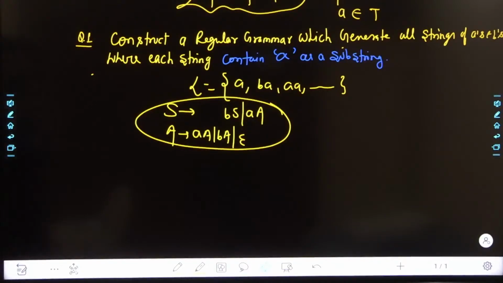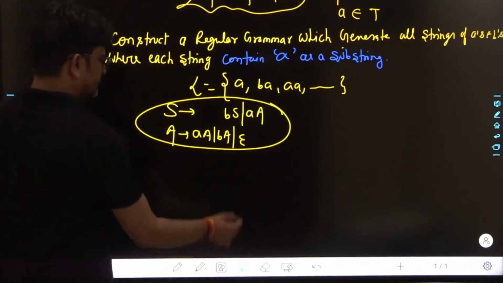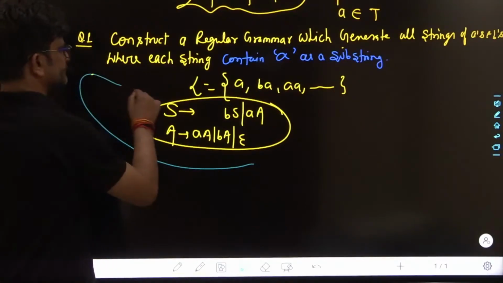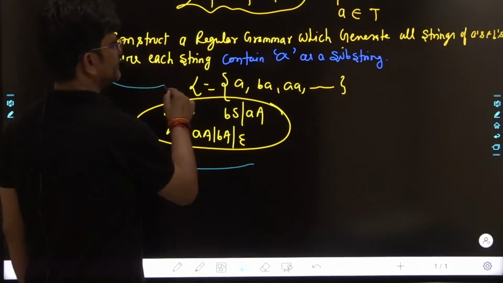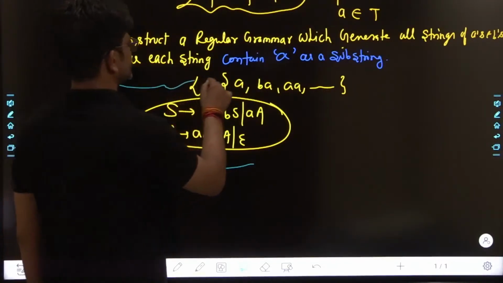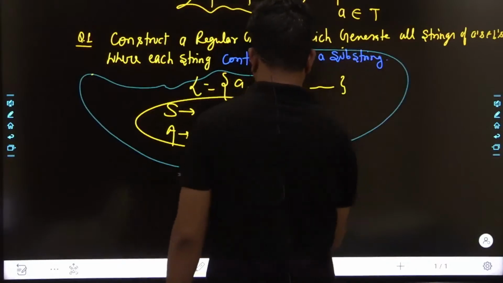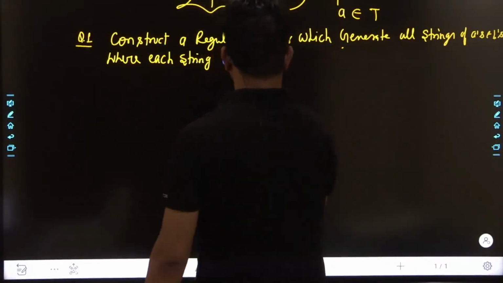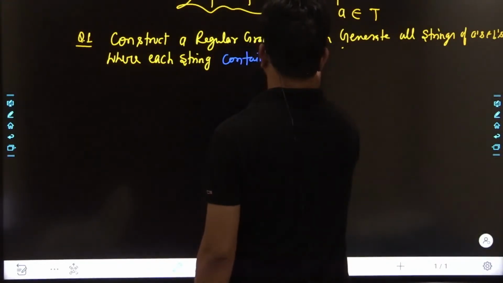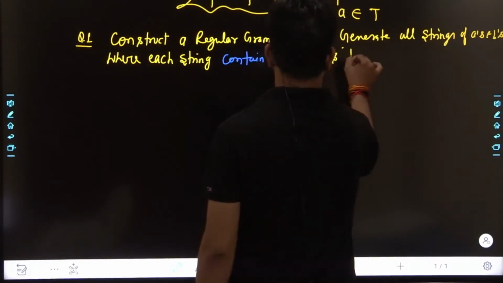Now, next question. Construct a regular grammar which generates all strings of A's and B's where each string contains the number of A's divisible by 3.